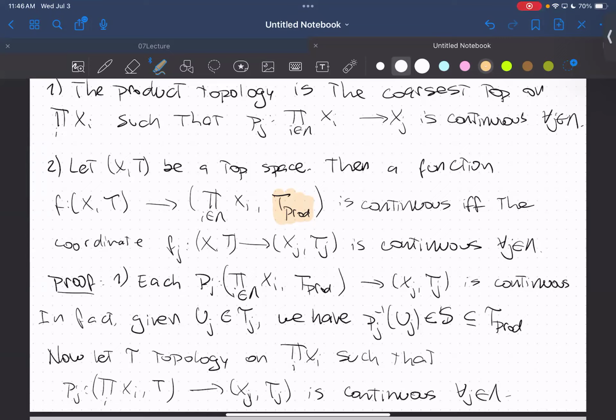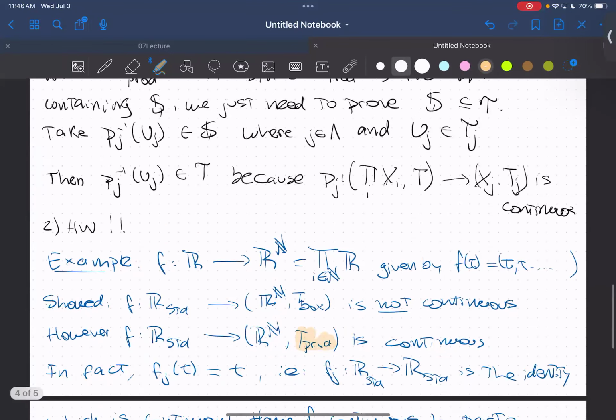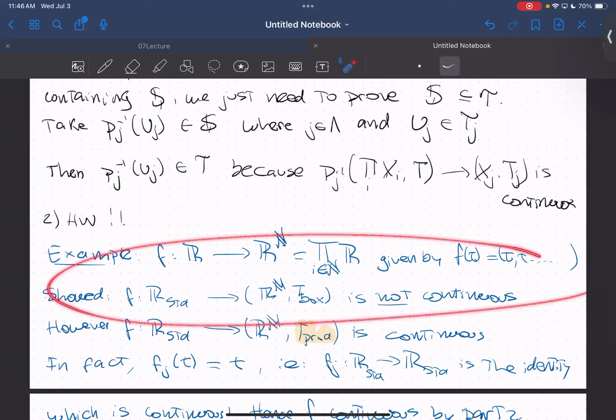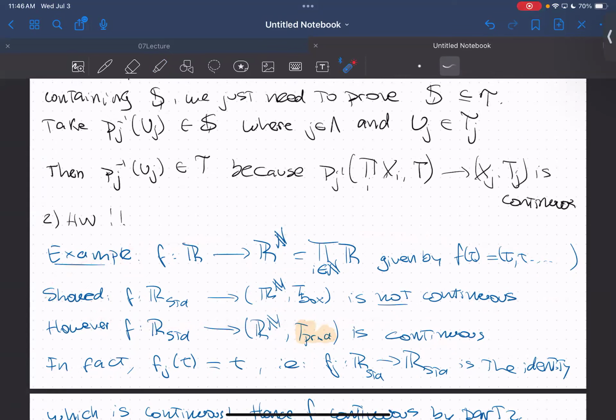I mean, the theorem is not true if you do box topology instead of product topology, and the reason why it's not true is this example we have here. There are more examples, but this one is one of them.